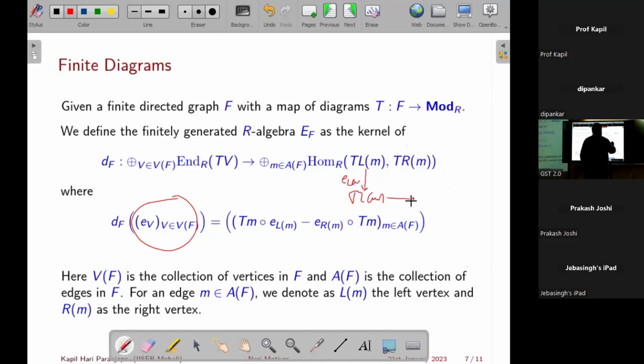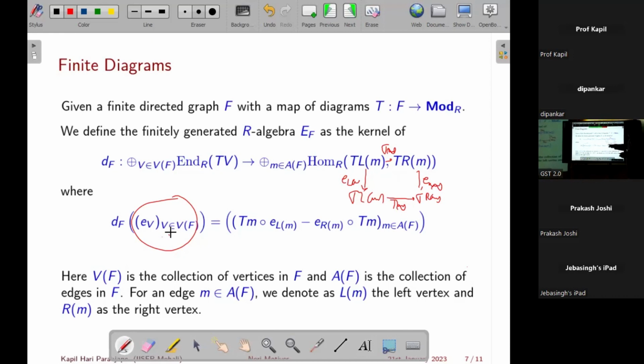And here I can take EM, and here also I am going to take EM, and here I am going to take ERM, and this is ERM. So I only want to look at pairs consisting of, let me concentrate on two vertices. Suppose there are only two vertices. I want ELM and ERM to be here if and only if this diagram commutes. So I only allow pairs of morphisms which commute.